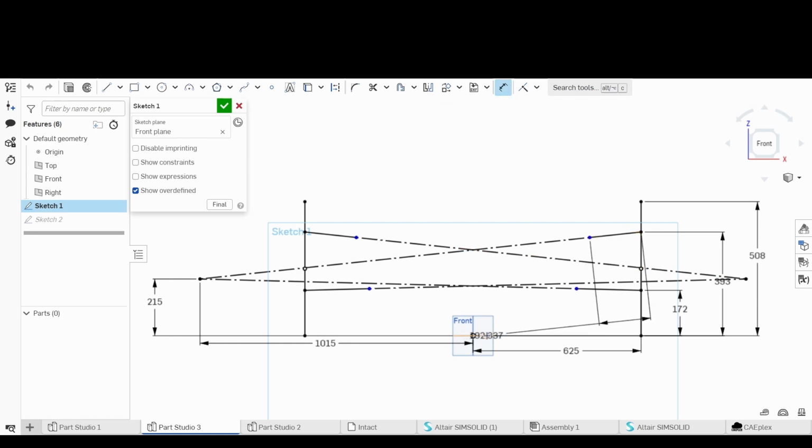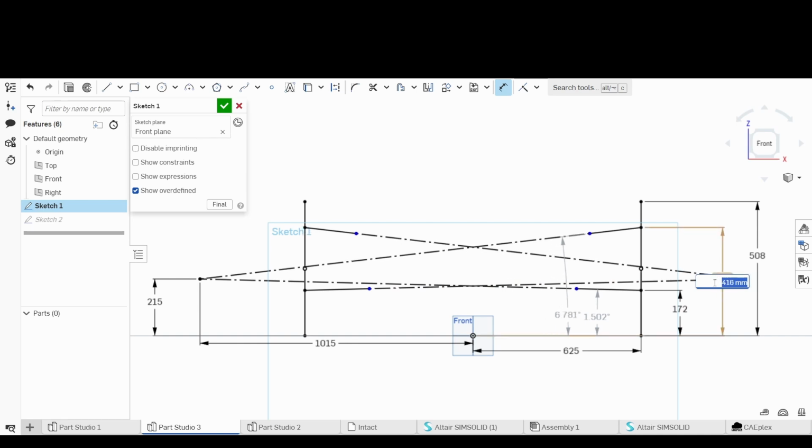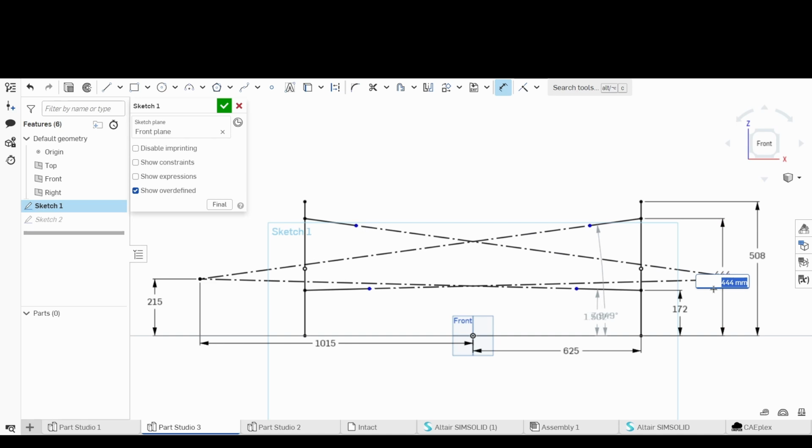So I took the two angles. And all I did was move the location of where the A-arms attached to the upright. So I made those kind of changes.